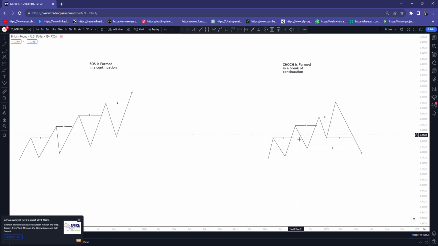So there's a series of break of structures. Our usual expectation is that it's going to give us an order block. Price comes, taps in, goes to the upside. Then we have again that order flow.